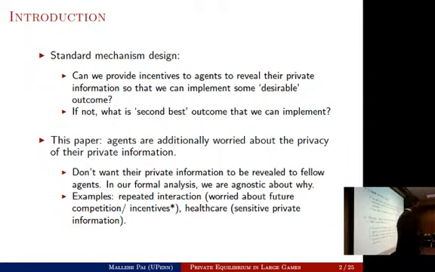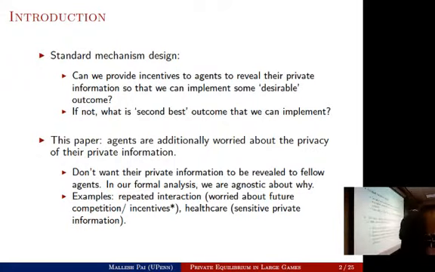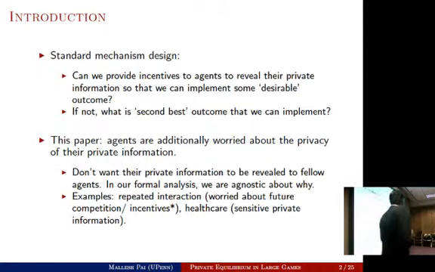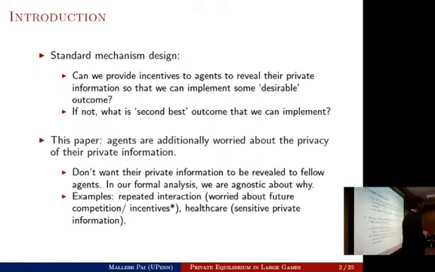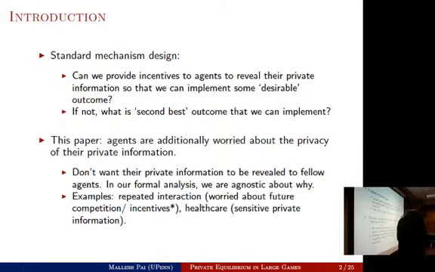In what proceeds in this talk, I'm just going to take this as a given. I'm going to be agnostic about why they don't want it revealed. But if you want motivations, think about, for instance, that the underlying private information is sensitive for some reason, for example healthcare, or think about a story where there is some unmodeled future interaction and they're worried about strategic concerns in this future interaction, so they don't want their information revealed today.